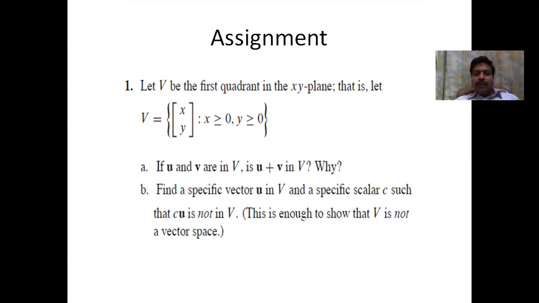So V is the set of all points of the xy plane in the first quadrant, that is, both x and y are nonnegative. V is equal to the set of (x, y) such that x is greater than or equal to 0 and y is greater than or equal to 0. So this is the first quadrant.